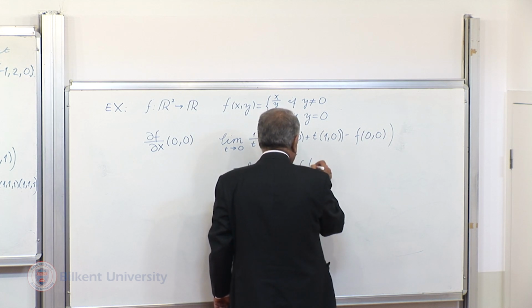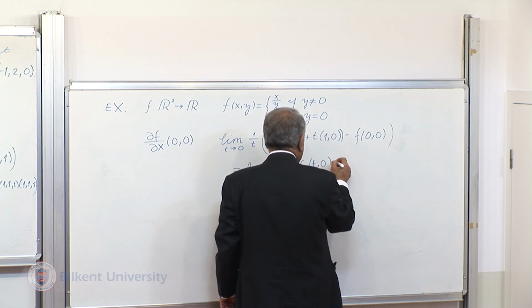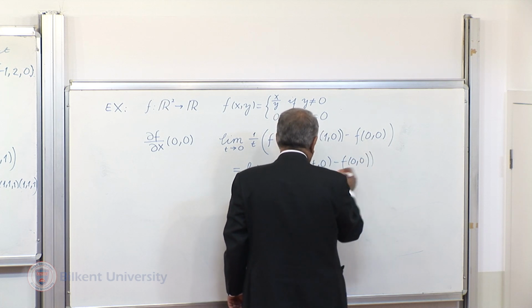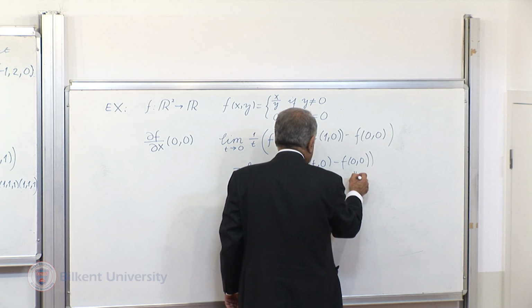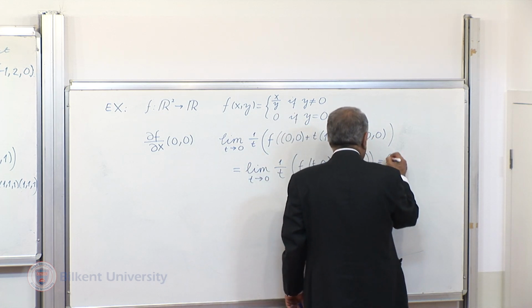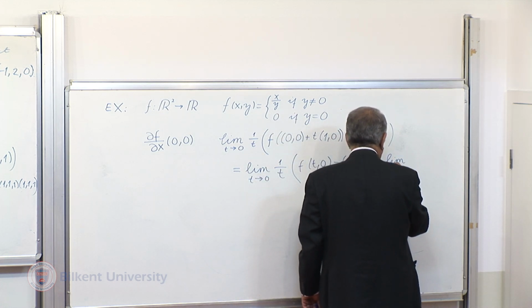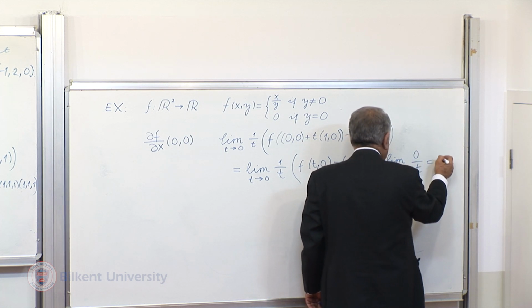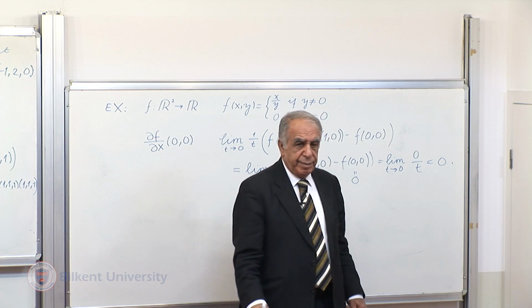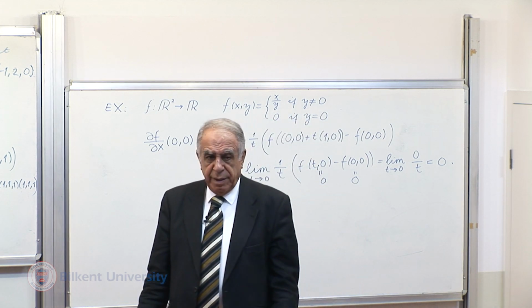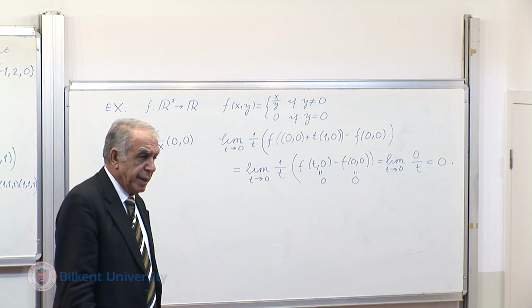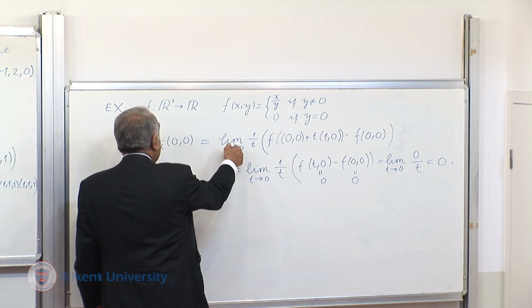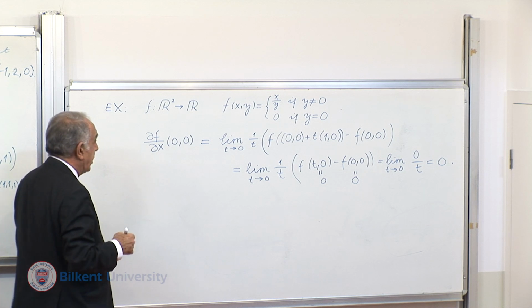Let me write it in two steps, f of t0 minus f of 0, 0. But this is 0, this is 0 as well. So this is nothing but the limit as t tends to 0 of 0 over t, but that's 0. Okay? So as this limit exists, it's equal to this.